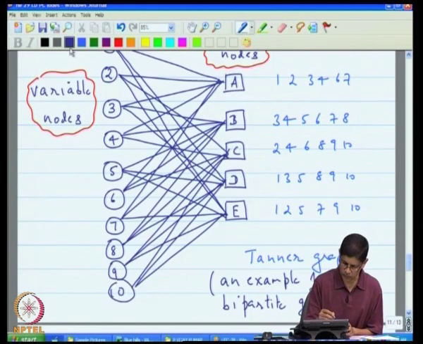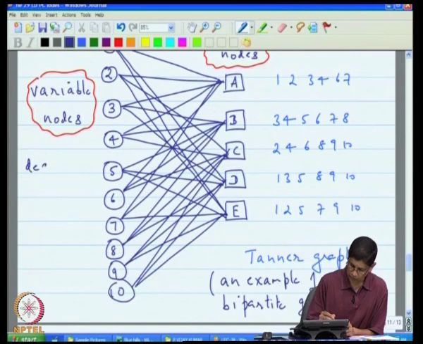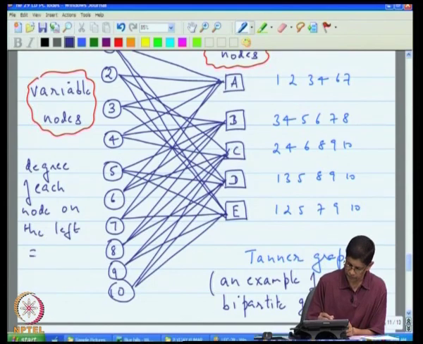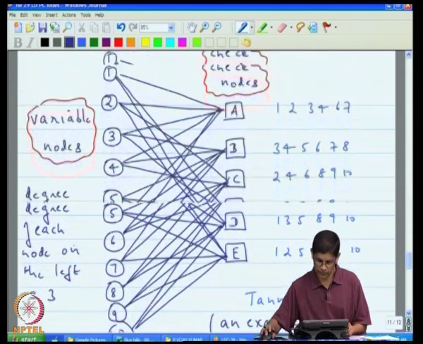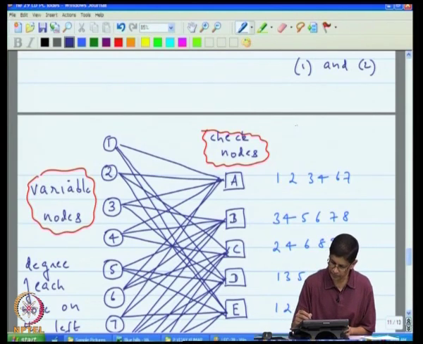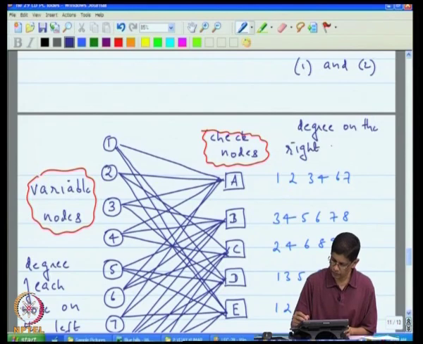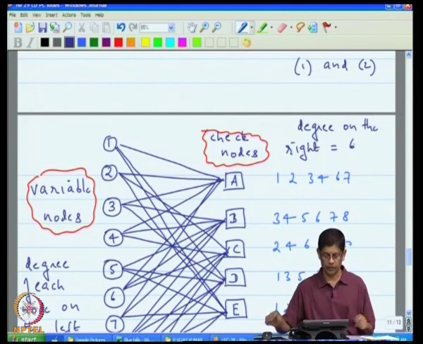So, we will make a note of that also. Degree of each node on the left is equal to 3, and the degree on the right is equal to 6.